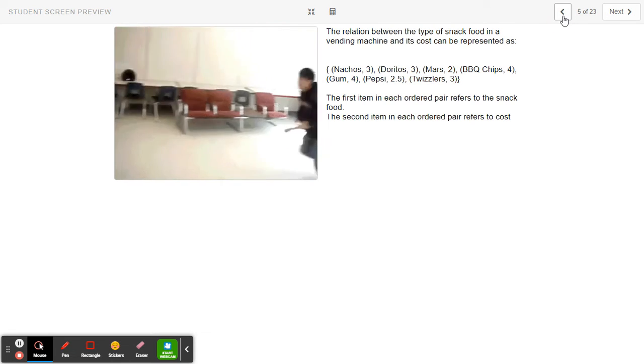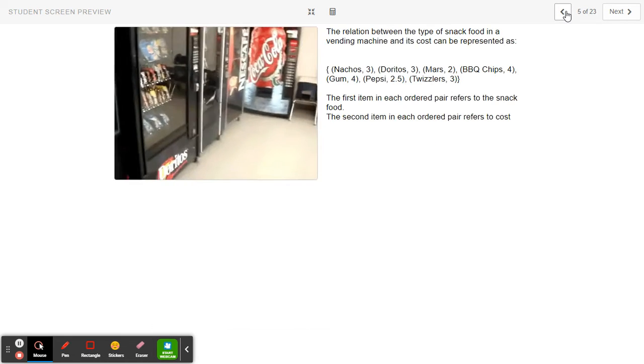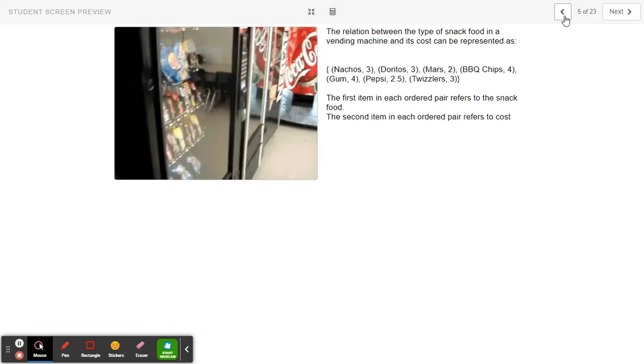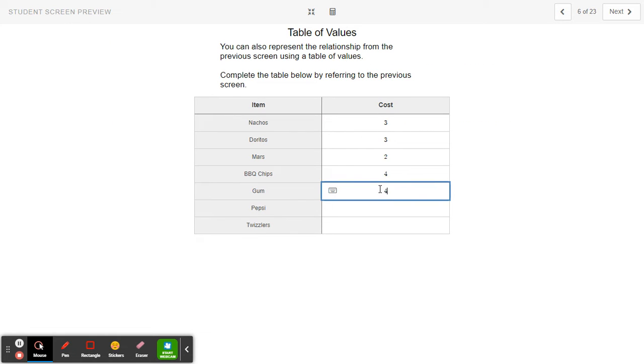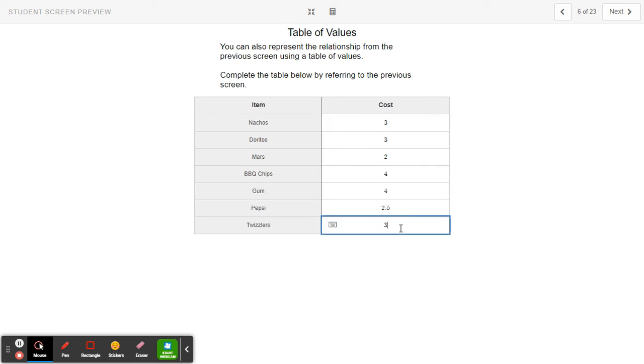Nachos are 3, Doritos are 3, Mars is 2, barbecue chips is 4, gum is 4, Pepsi is 2.5, and Twizzlers are 3.